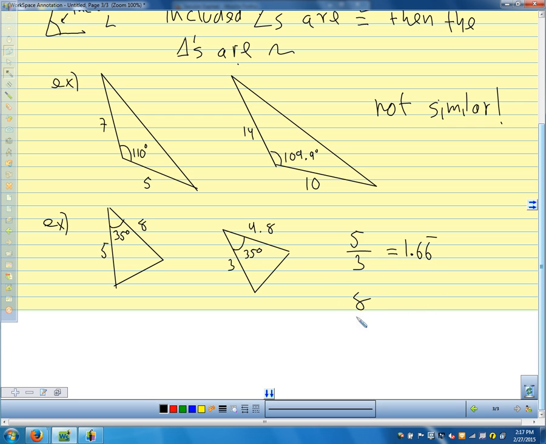And 8 divided by 4.8 is 1.66 repeating. So they are similar.